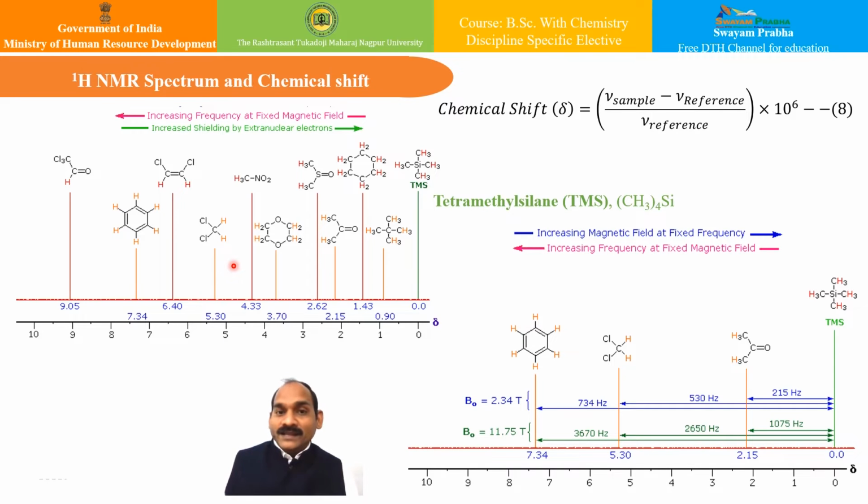It should be chemically unreactive to your sample. Secondly, it should be easily removed from the sample after your measurements have been taken. And apart from that, it should give a single sharp NMR signal that does not interfere with the resonances normally observed for the majority of organic compounds.